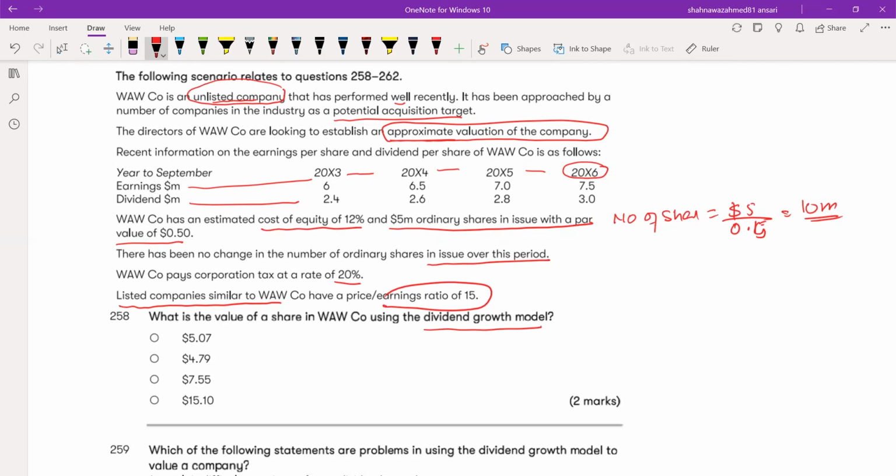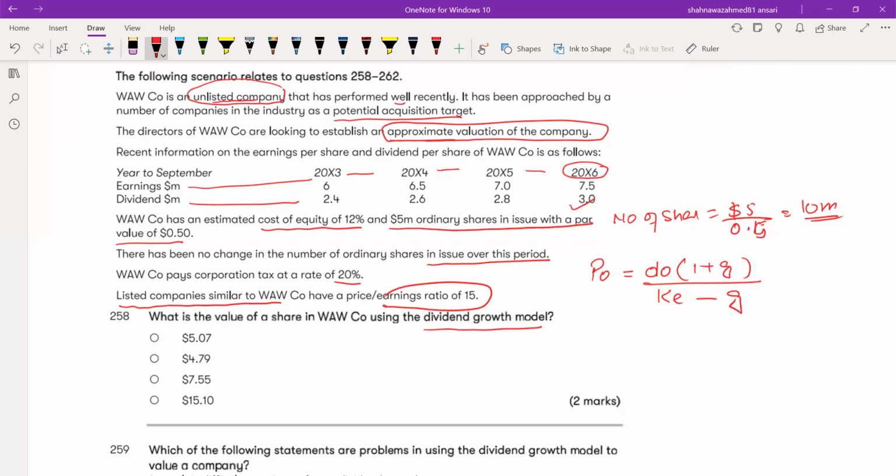For the dividend growth model, the formula is dividend times 1 plus g, divided by cost of equity minus g. The latest dividend is given, which is 3 million. Growth rate is not given, but Ke is given.